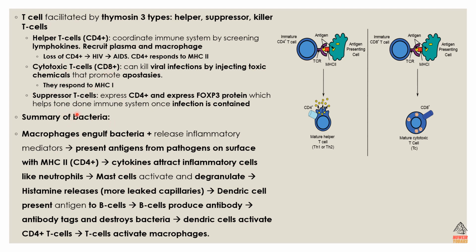Then you have the suppressor cells. Now, after producing CD8, CD4s, and stuff like that, you have the suppressor T cells, which express CD4 plus and express a FOXP3 protein, which helps tone down the immune system once an infection is contained.